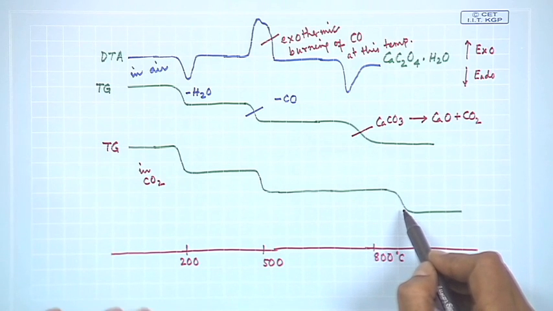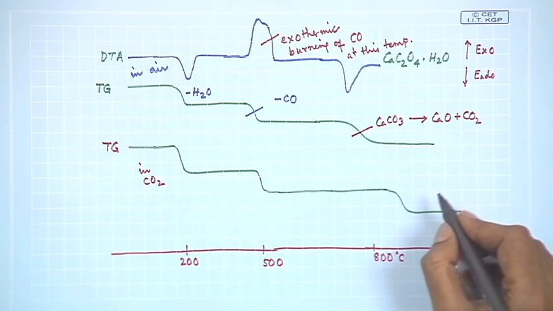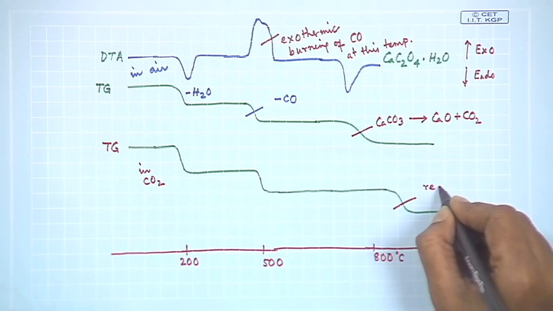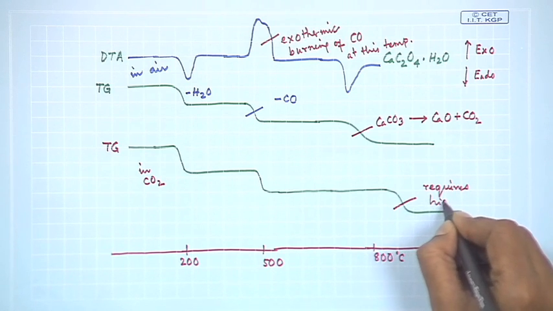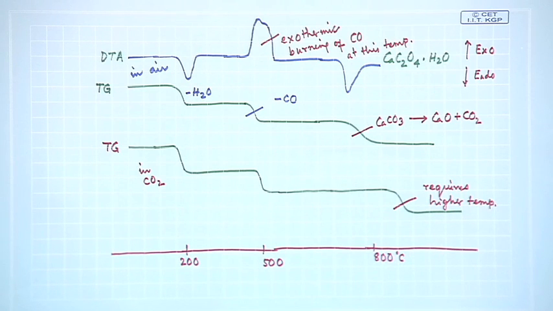So, the decomposition temperature of calcium carbonate will be increasing. That is why it is showing a high decomposition temperature for this one. So, the decomposition of CaCO3 requires a higher temperature. So, this is then known to us.